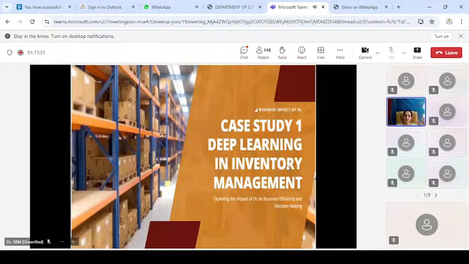Now, unlike the old models, DL algorithms can learn from complex patterns, and it can also adjust predictions vigorously as the new data becomes available. Right now, this will be resulting in more accurate demand forecasts and optimized inventory levels.